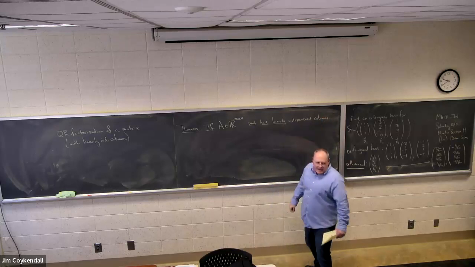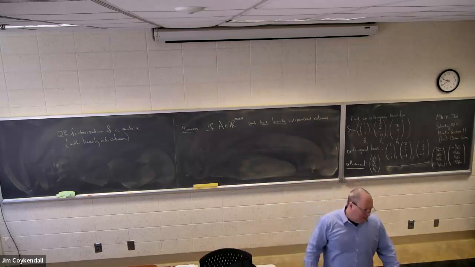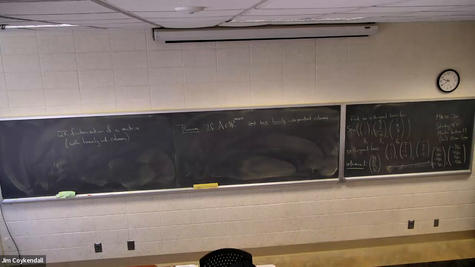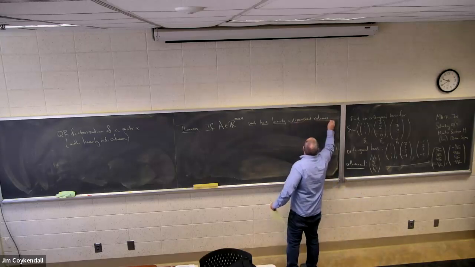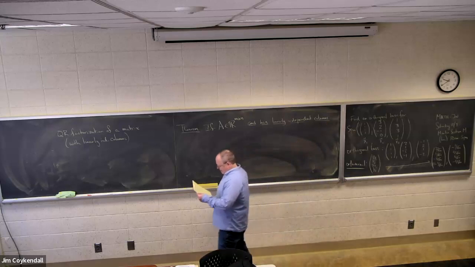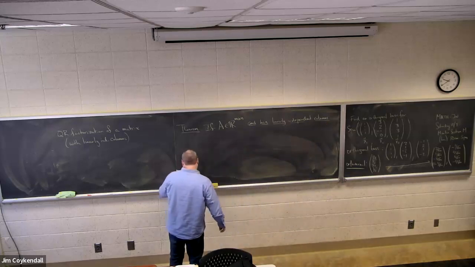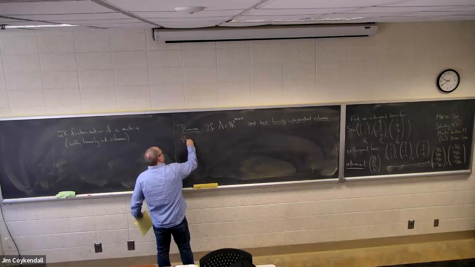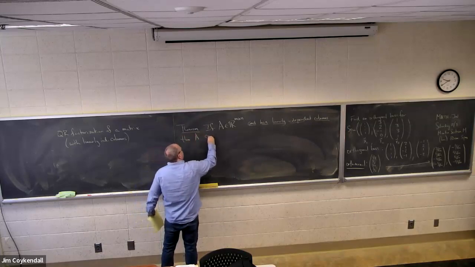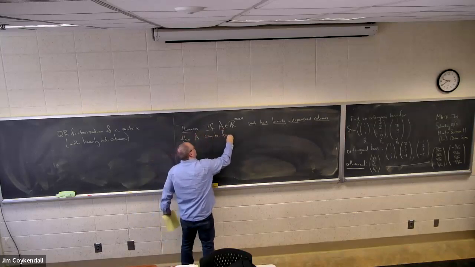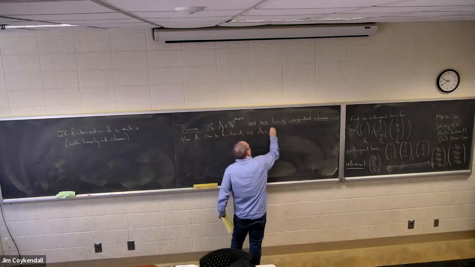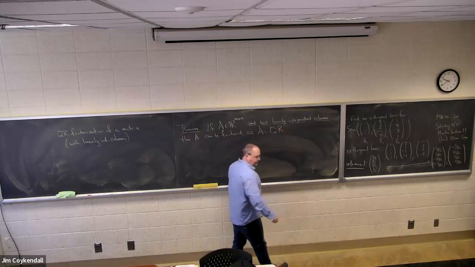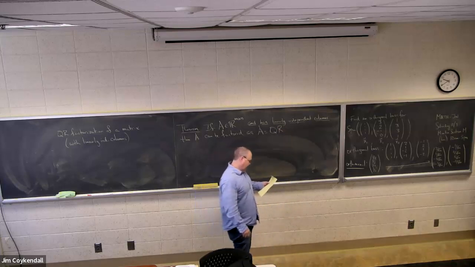And by the way, even if you forget this little fact, it's probably going to become obvious that you need this later in the statement of the theorem. So if you have a matrix that has linearly independent columns, then A can be factored as A = QR. And let me tell you what these animals are.